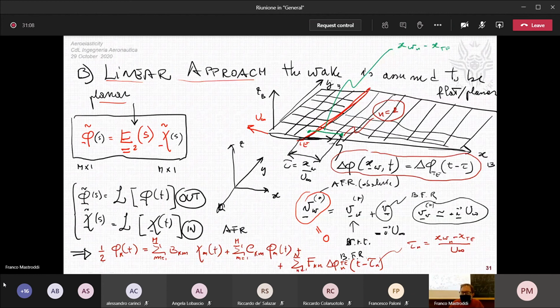So, for each panel n, you have a time delay. Therefore, for all N panels, you have a time delay tau n.